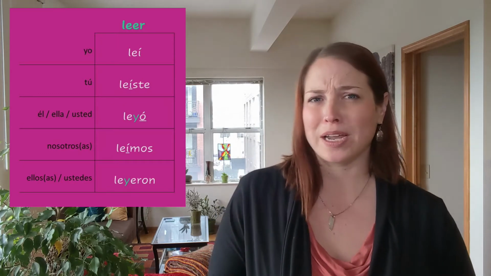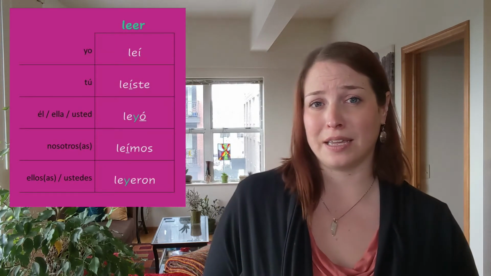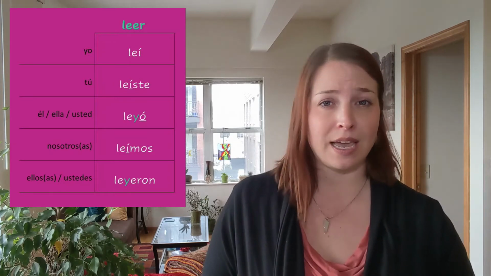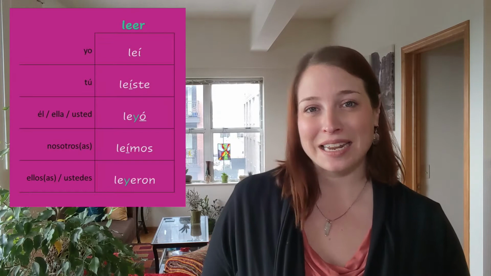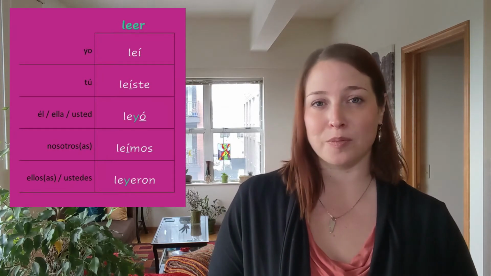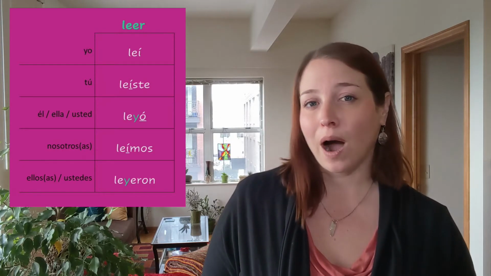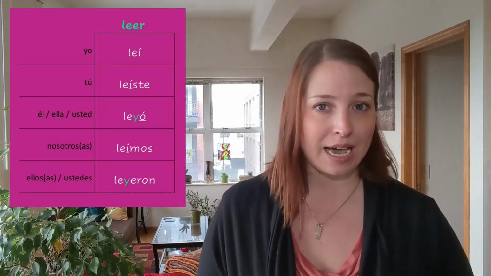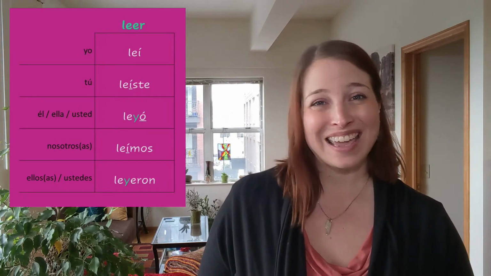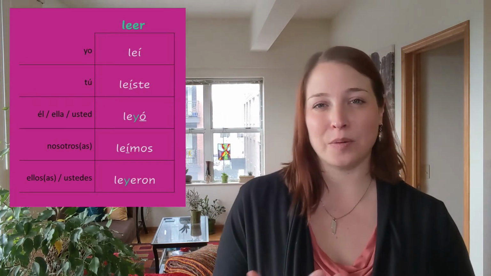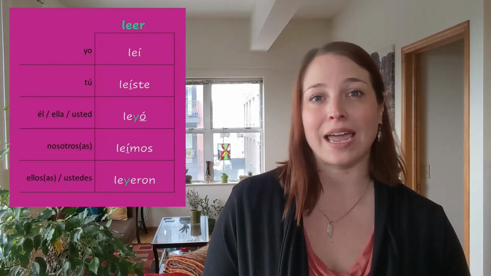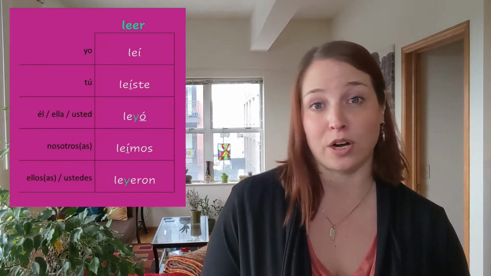So if we were to put a regular preterite ending on the él, ella, usted form and the ellos, ustedes form, it would be a mess of vowels. So to maintain the natural sound of that verb in the preterite tense, the Y replaces the I in those forms, and a bunch of accents are added in the rest of the forms. Again, to maintain the appropriate sound of that verb and how that verb would look in the preterite tense.